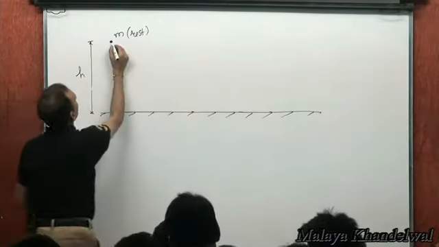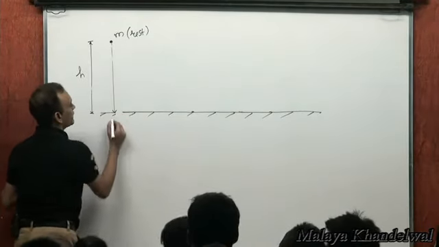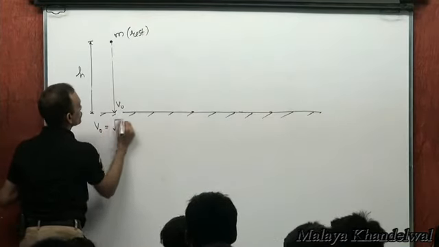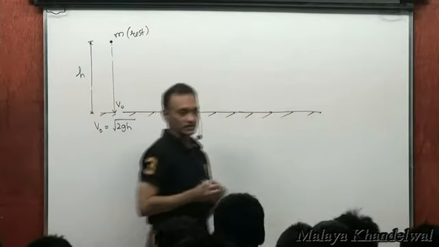When it hits the Earth, it impacts with a velocity v0, given as root 2gh.